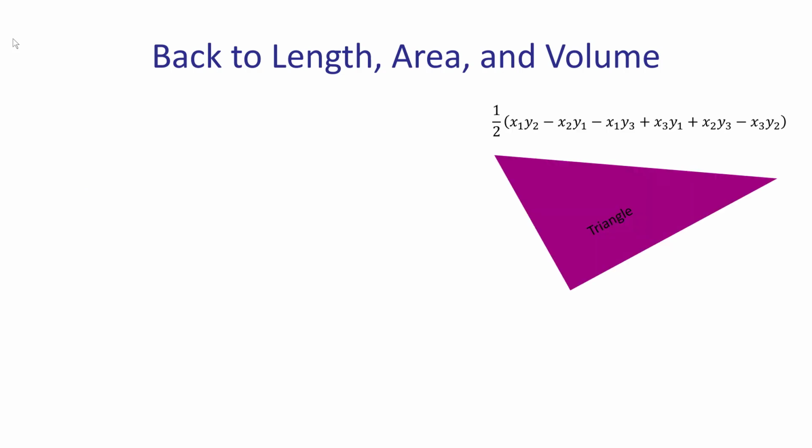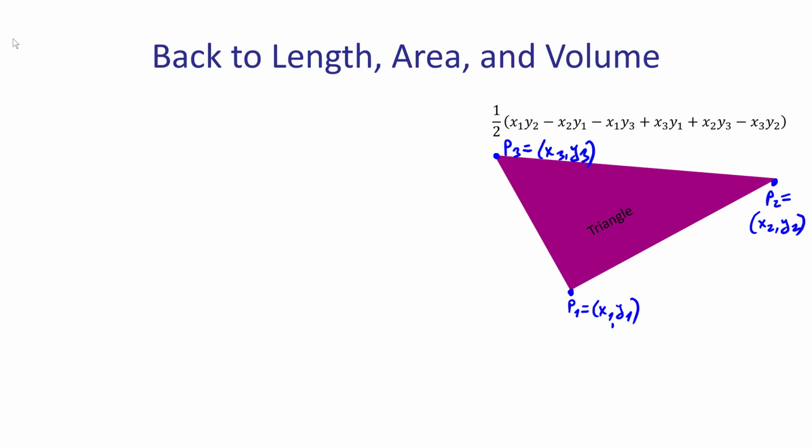Similarly, the area of a triangle on a plane xy with vertices p1, p2 and p3. Let's select those. So p1 equals x1, y1, p2 equals x2, y2, and p3 equals x3, y3.